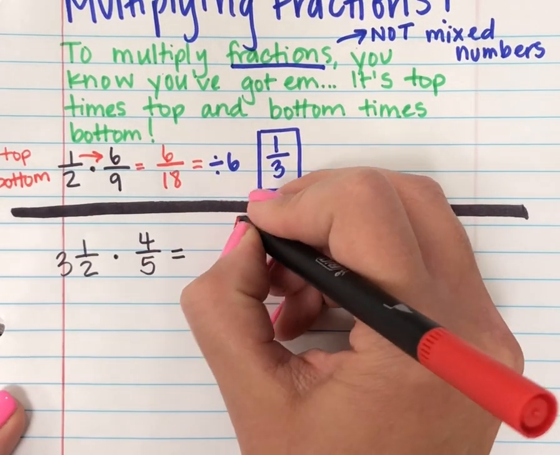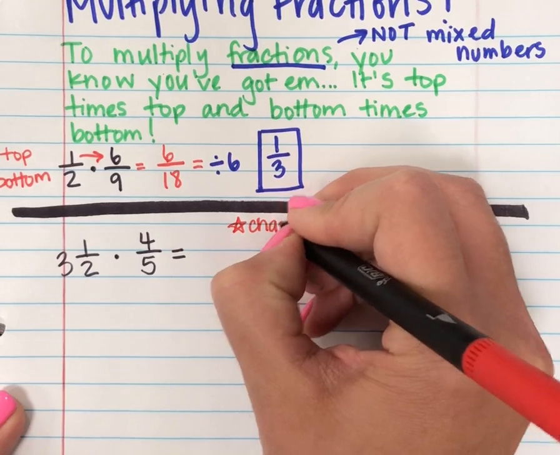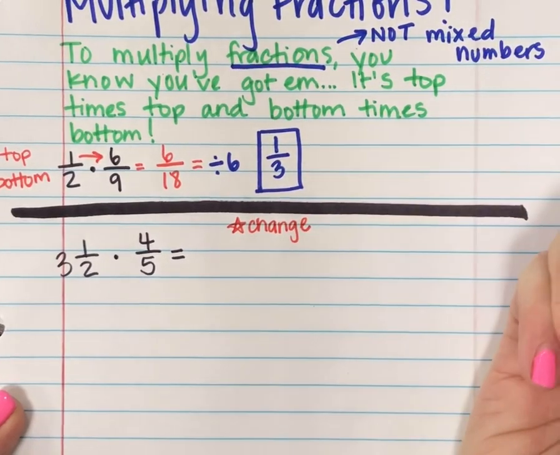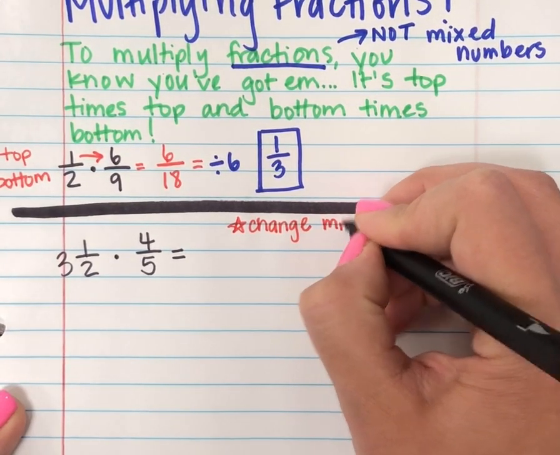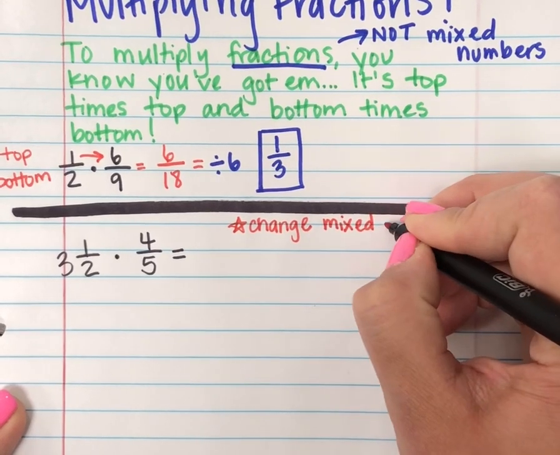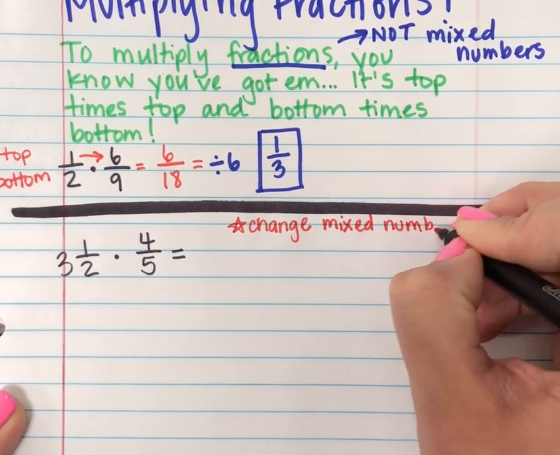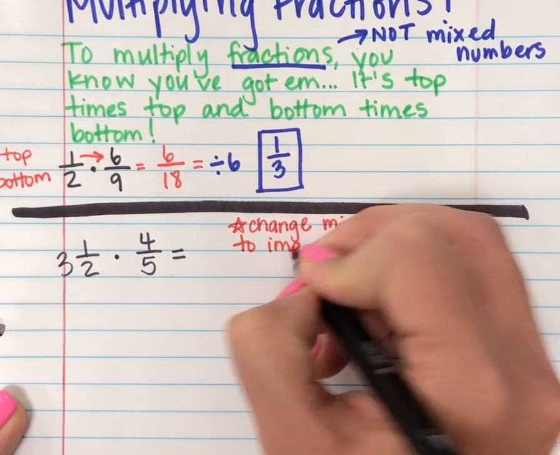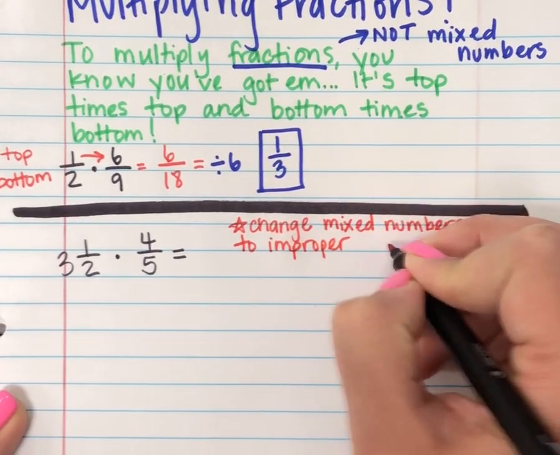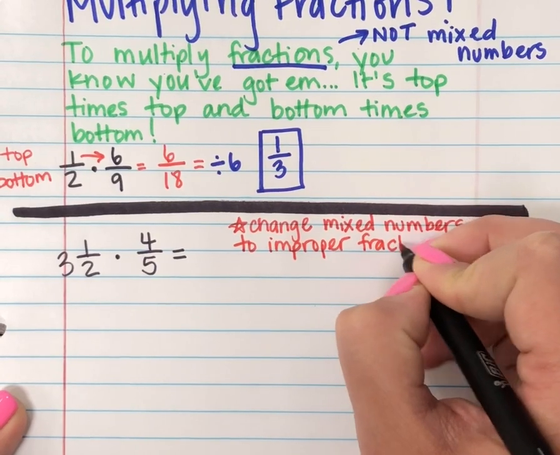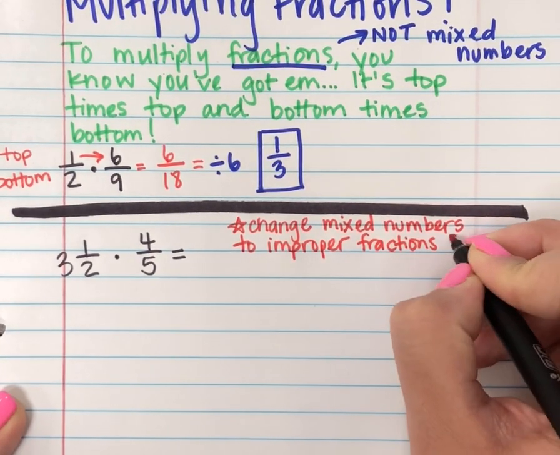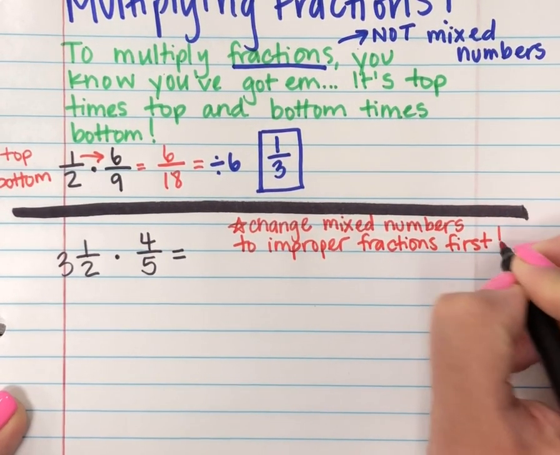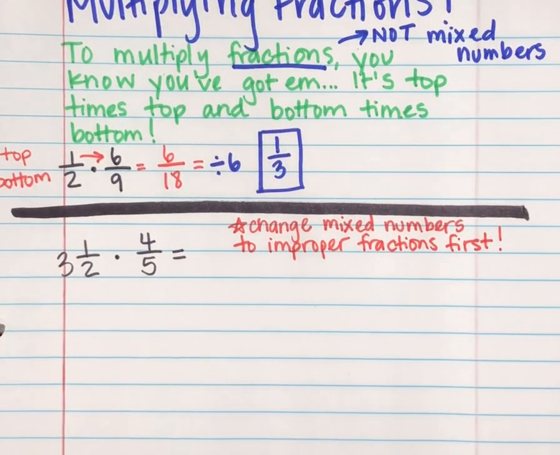So before we start, we're gonna change mixed numbers to improper fractions first. Before we do any multiplication, we're gonna change our mixed numbers to improper fractions.